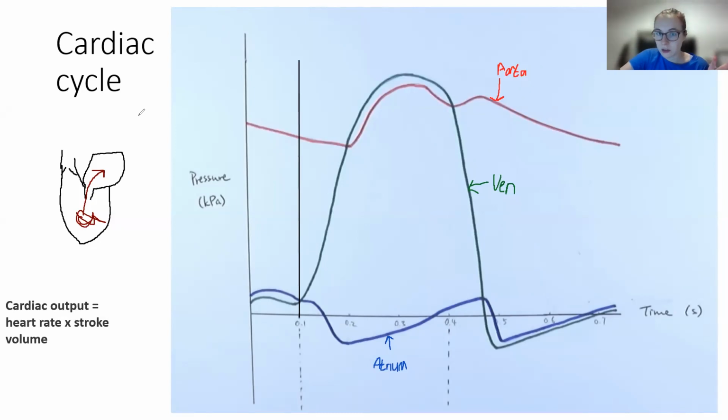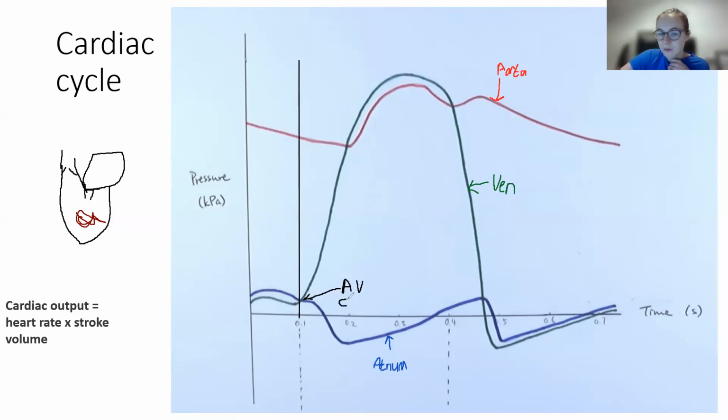But we don't want it to do that. So remember, we've got our valve there. We've got our AV valve or our bicuspid valve, whatever we call it. So at this point, our AV valve closes to prevent that backflow of blood. So if we look on our graph, at this point where the pressures cross over, the AV valve closes.